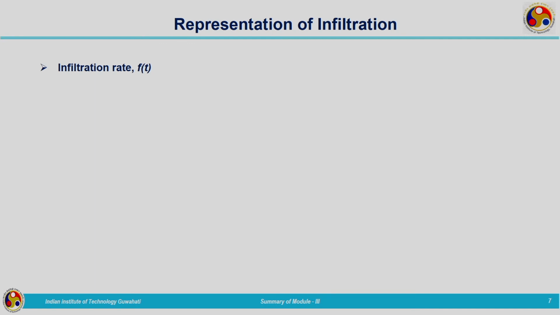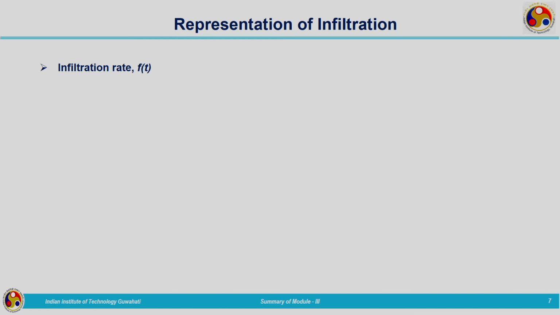After that we saw how infiltration can be represented. We represent infiltration by means of 2 terminologies, infiltration rate and cumulative infiltration, just as with rainfall, one in terms of cumulative depth and the other in terms of depth divided by time. Infiltration rate represents the rate at which water is infiltrating, and cumulative infiltration is the water accumulated over time.